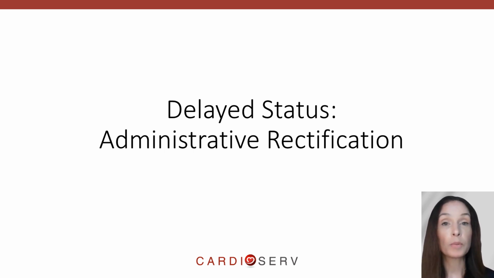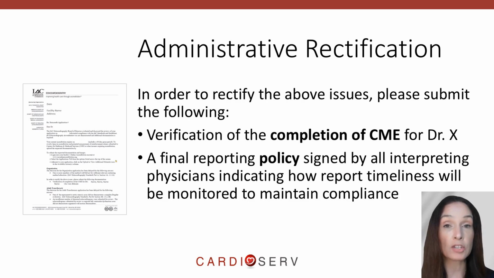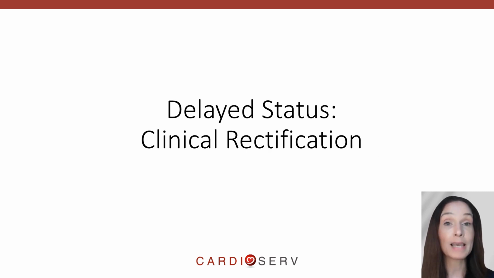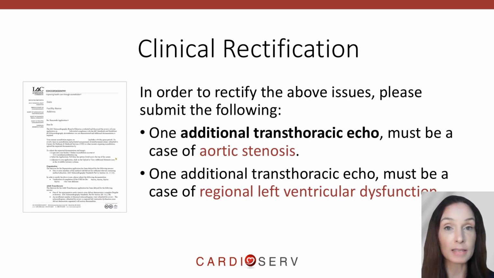Number two, when you have an administrative issue, a policy issue, a CME issue, the rectification steps involve sending copies of CMEs, a letter from the medical director, an updated policy, all paperwork, right? Easy to rectify. But if you have non-compliant case studies, the rectification action is submitting new case studies.